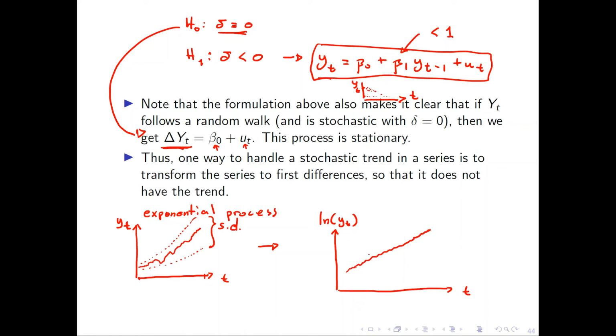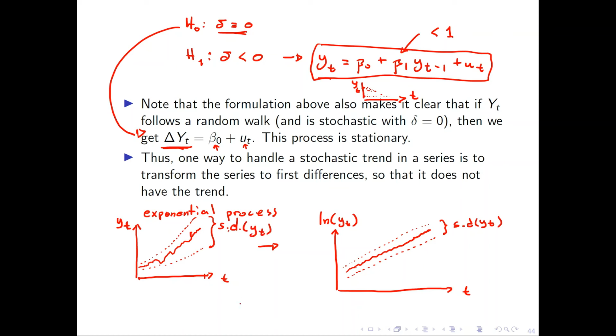But what you get from this is that the returns in the exponential process is just a difference in the logarithmic process. So around here you would have a stable standard deviation of yt.